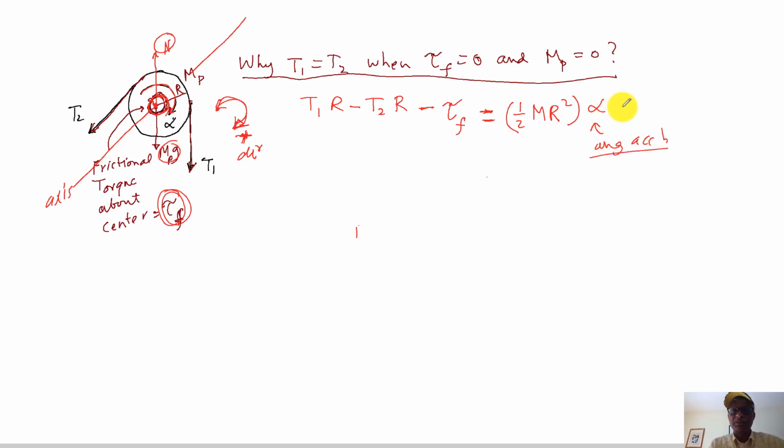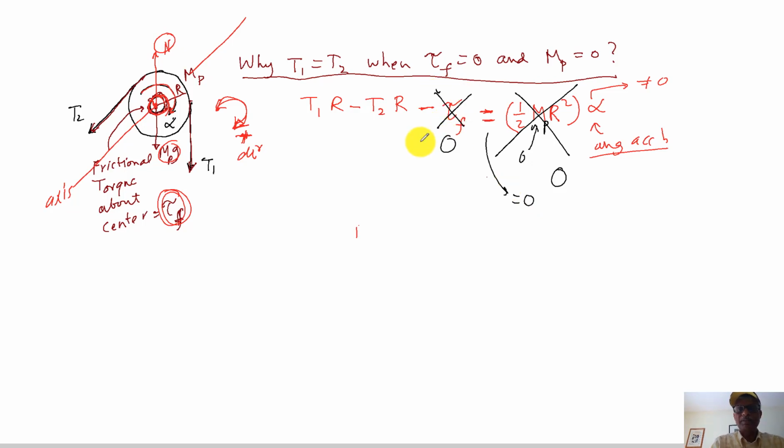So this is not zero because it is accelerating. When the pulley's mass is zero, then this is zero, so that this whole thing is zero. Then the friction torque is zero too. All this has to be zero to turn out to be T1 R minus T2 R equals 0.